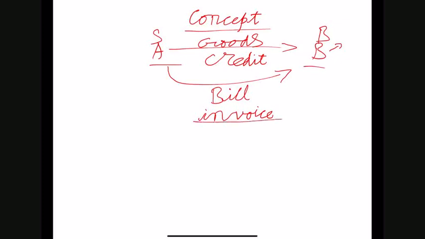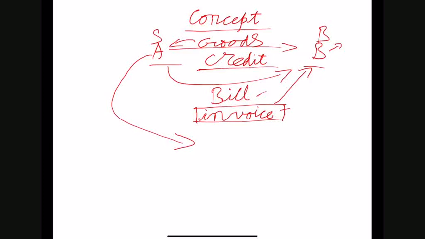This invoice should be given to B, the buyer, and the buyer, if he purchased goods from A on credit, accepts the bill or invoice. In case A requires money, is in need of money, then he approaches a financial institution, might be a bank, insurance company, or any non-banking financial company.